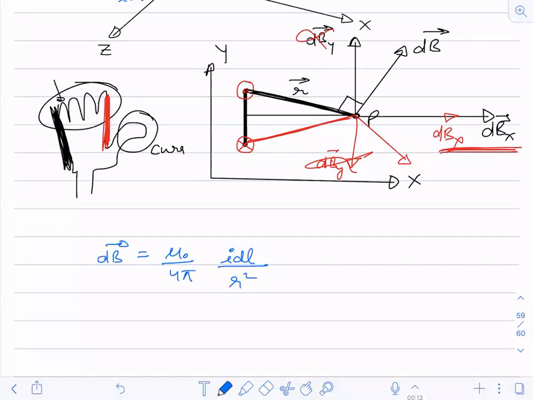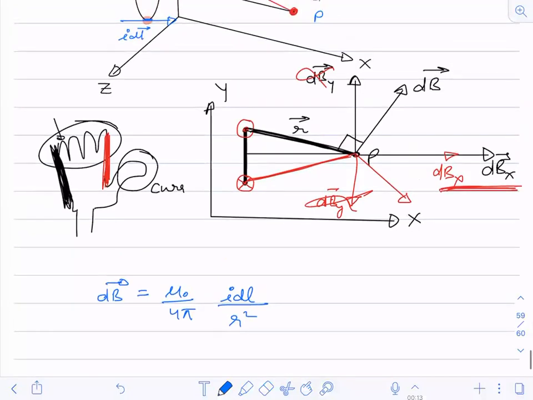Now what is the angle between the r and dl vectors? Just see here. The r vector is drawn on the screen, and the dl vector is going into the plane.